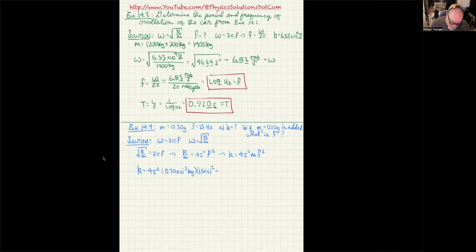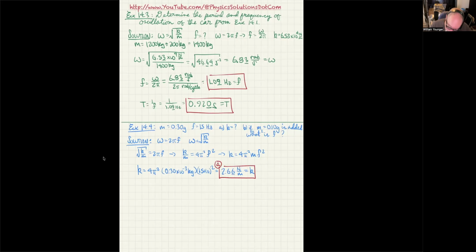So what we have here is 4 times 3.14159 squared times 0.3 times 10 to the negative 3 times 15 squared. And that gives me 2.66, and it should come out to be newtons per meter, the spring constant. And I'll box that off. And that was part A.